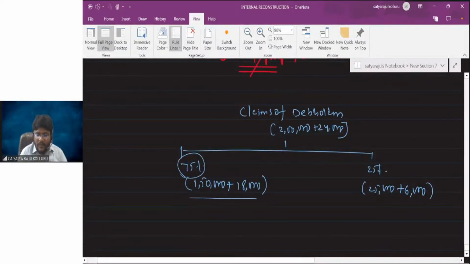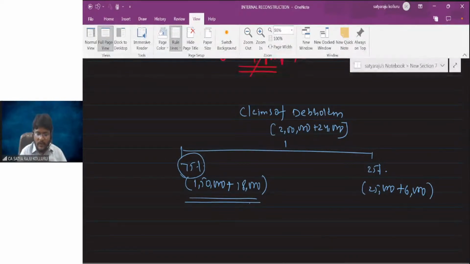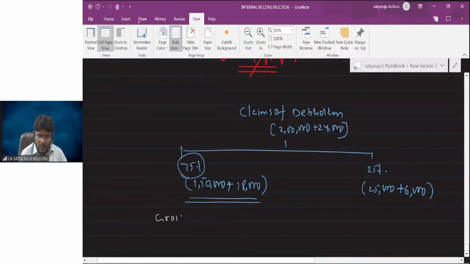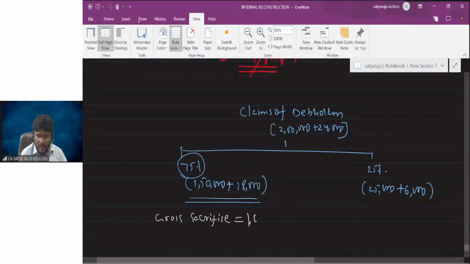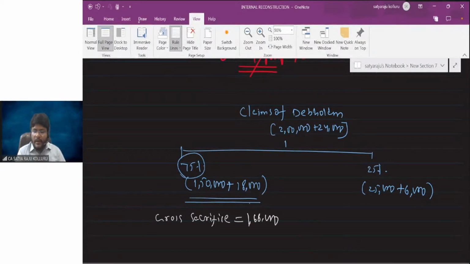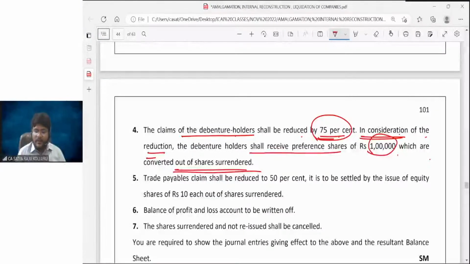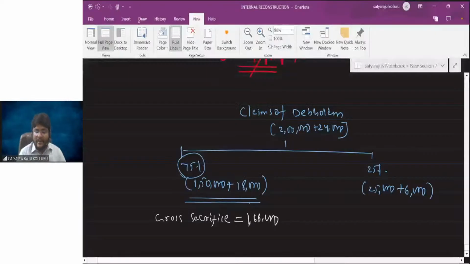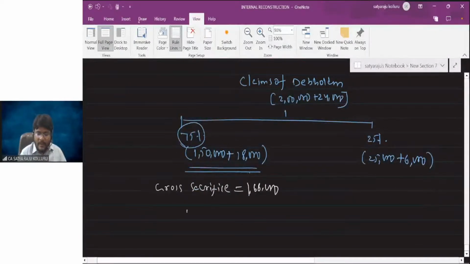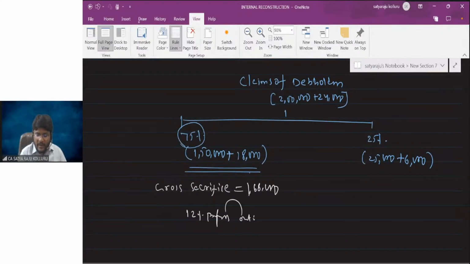Now this entire 1,68,000 is ready to be sacrificed by the debenture holders. So gross sacrifice is equal to 1,68,000. In consideration of this 1,68,000 sacrifice, the debenture holder shall expect the preference shares of 1 lakh. Now they are expecting 12% preference shares out of share surrender.